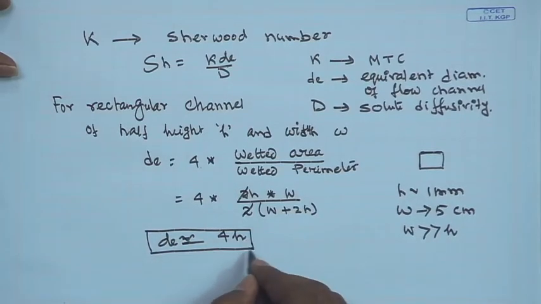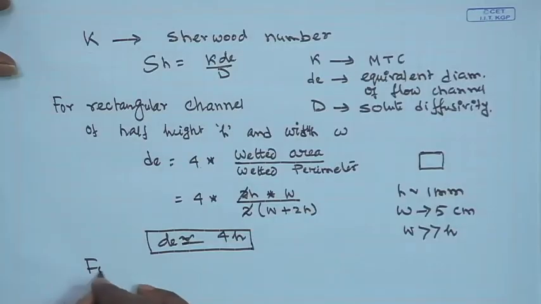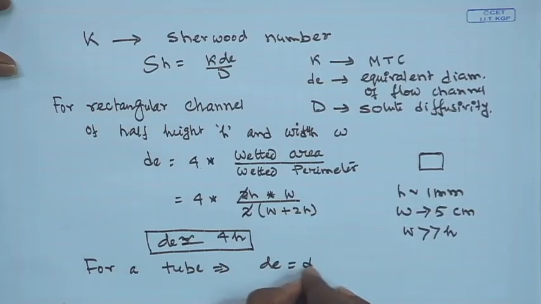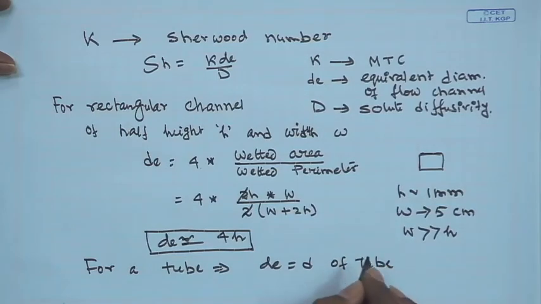So, that is the equivalent diameter of the channel, and for a tube or pipe, d equivalent is equal to the internal diameter of the tube. That is how the equivalent diameter is defined in both cases, for the flow through a channel or flow through a tube.